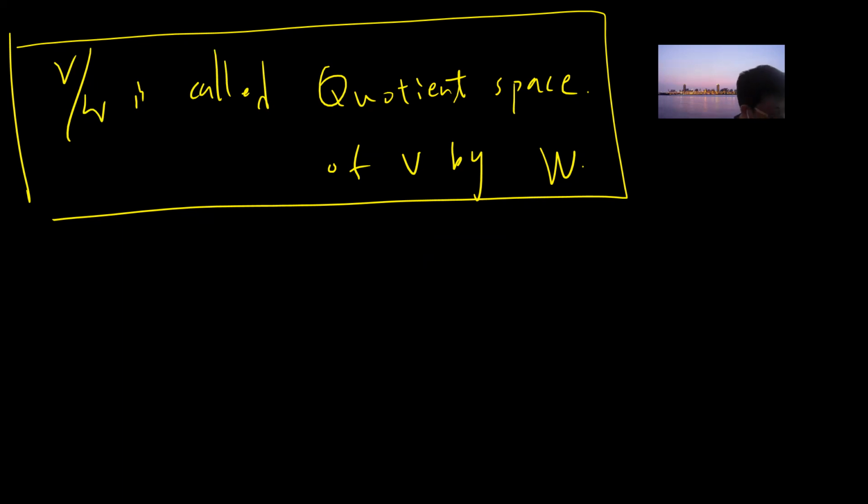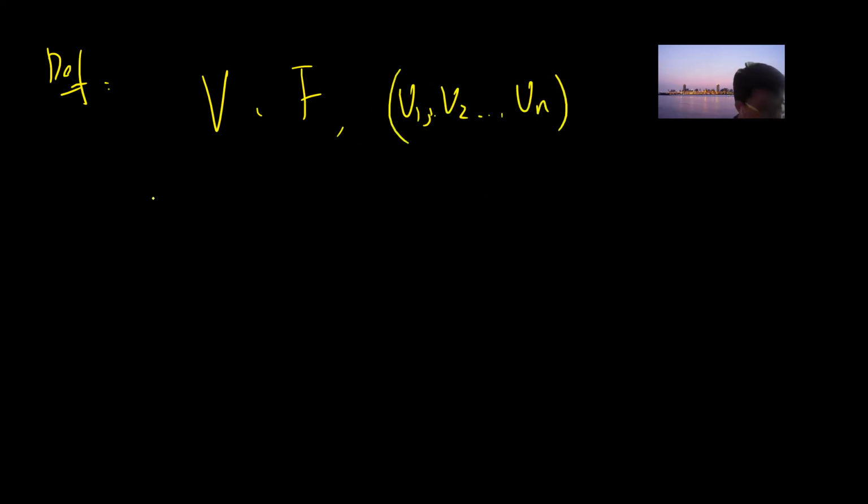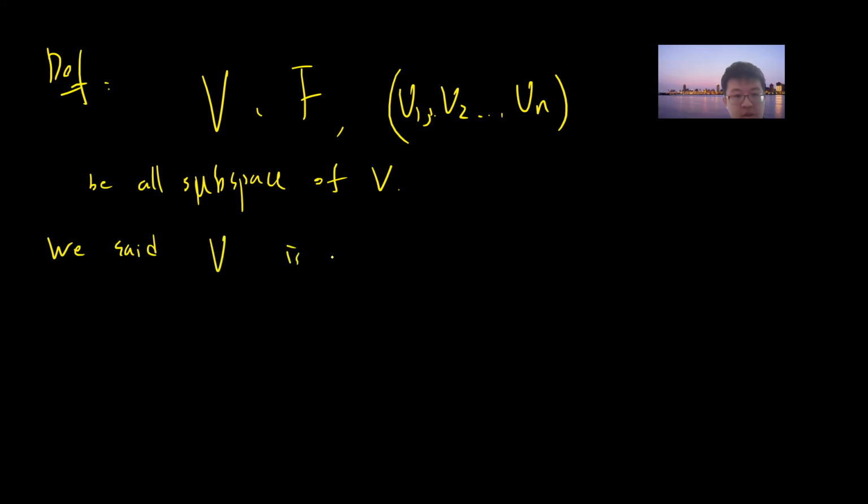Let's see the definition. If V is a vector space over F, and U1, U2, up to Un are all subspaces of V, we say that V is called the internal direct sum.